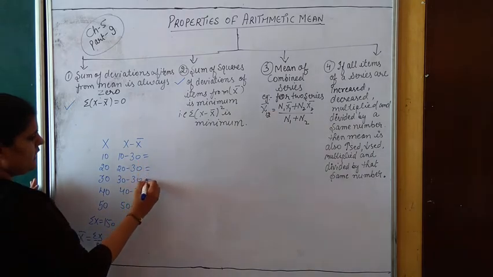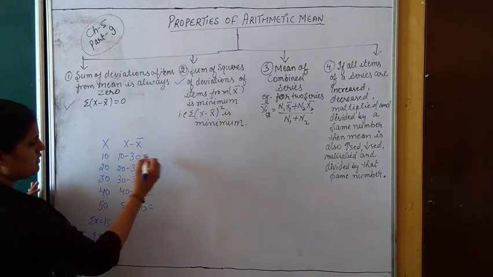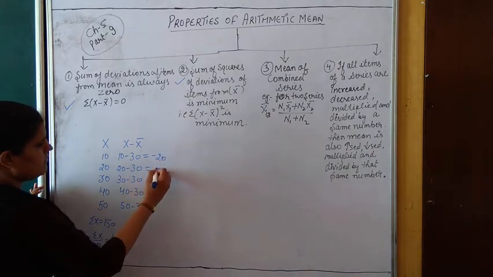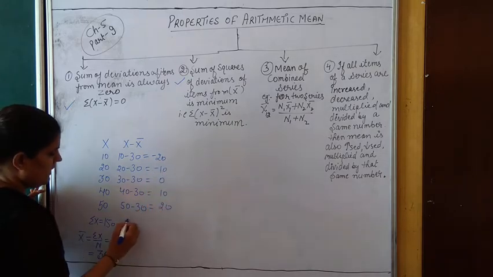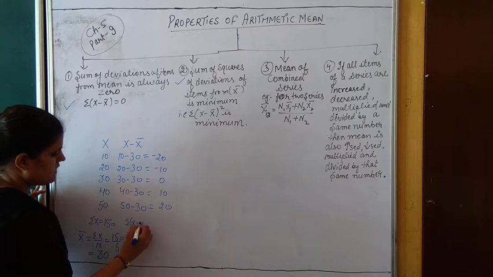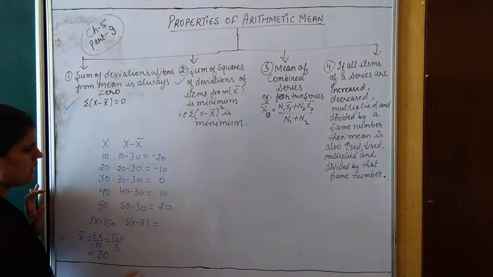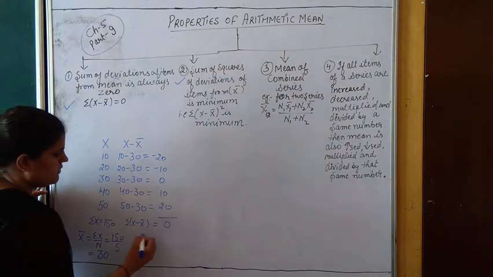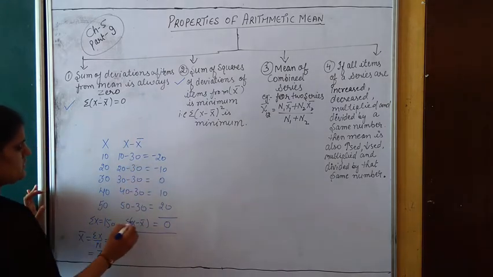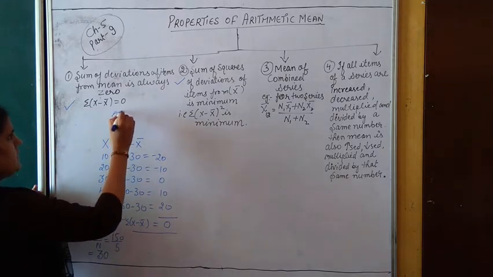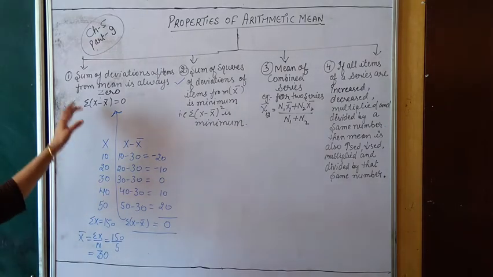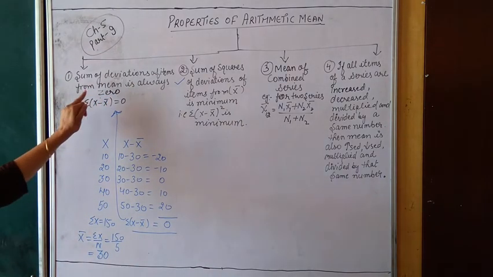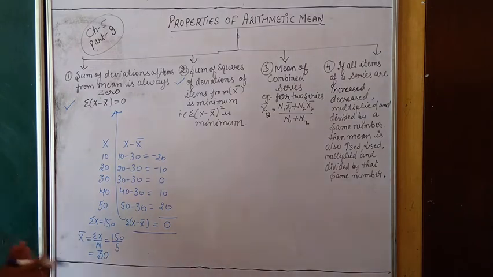When I calculate, I get minus 20, minus 10, 0, 10 and 20. When I add these, I get a total of 0, which proves the statement that the sum of deviations of items from mean is always 0.